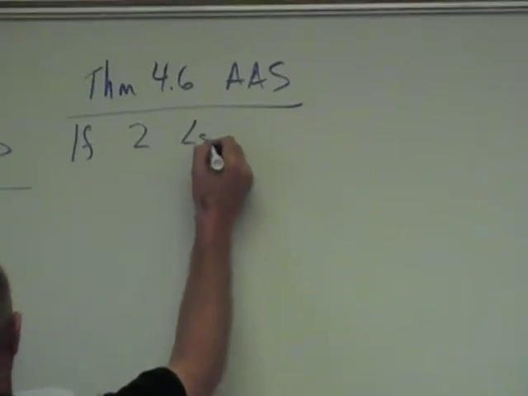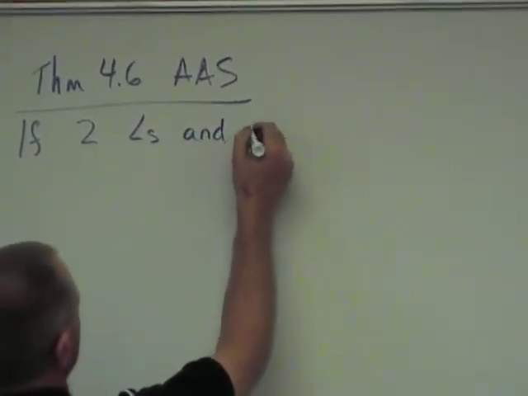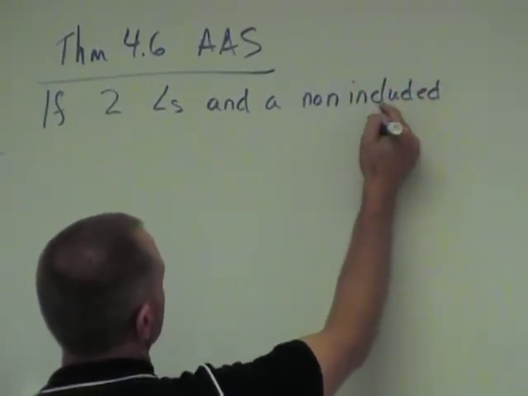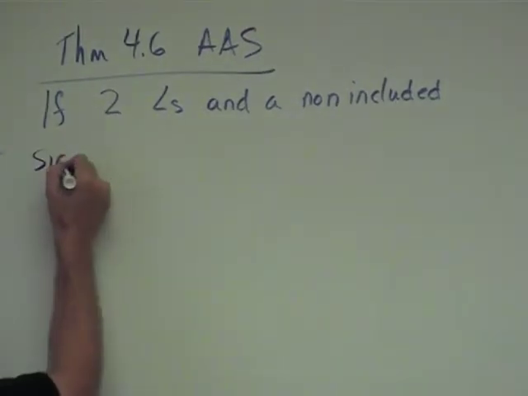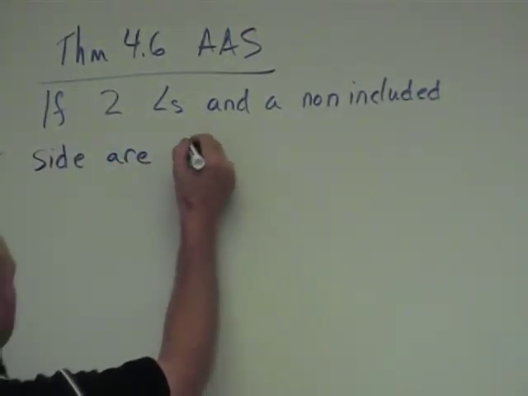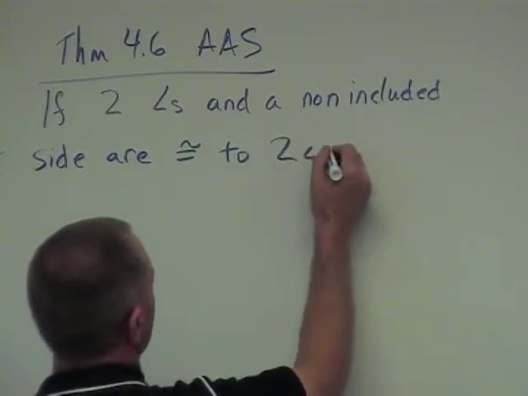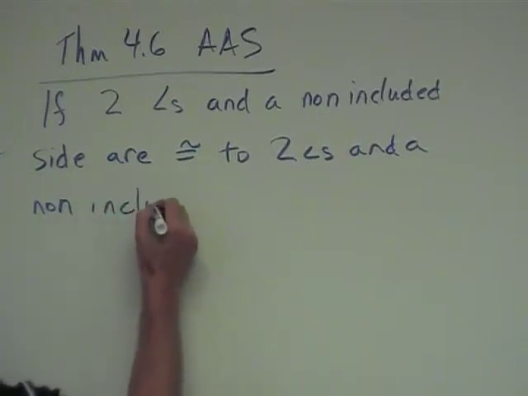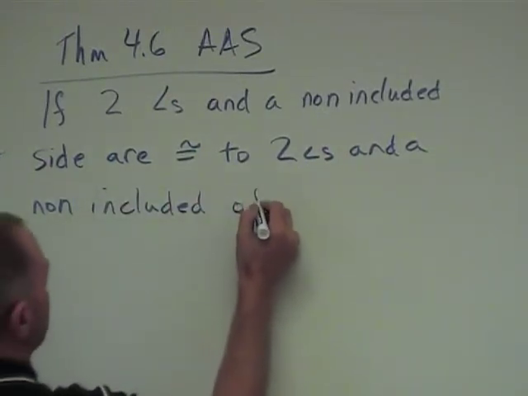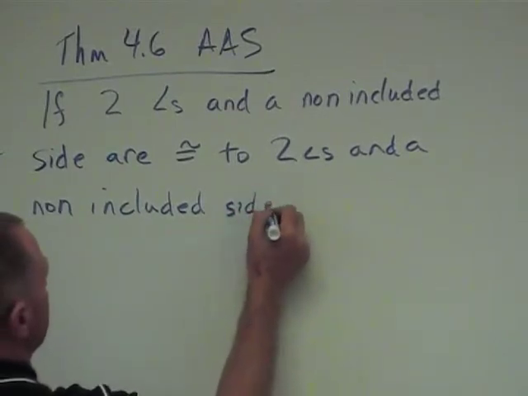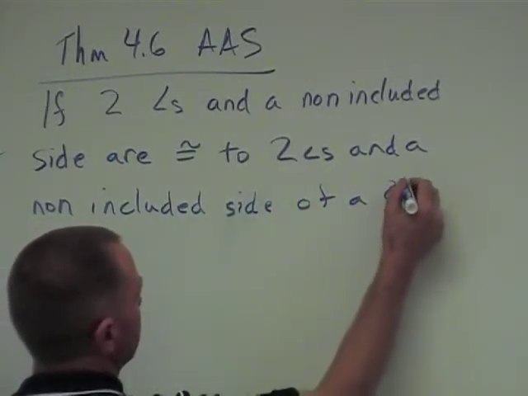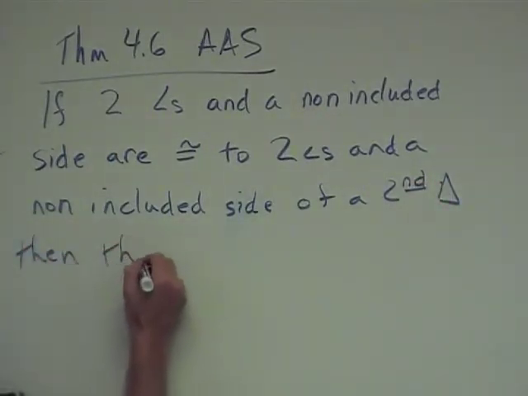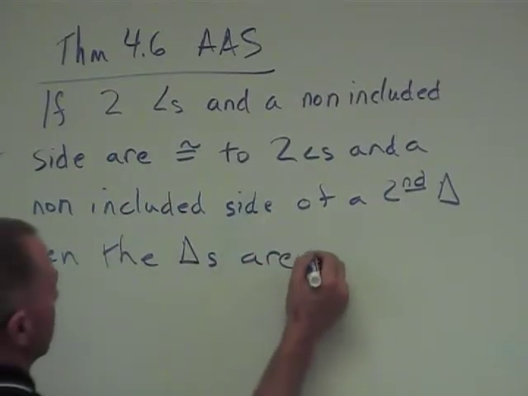If two angles and a non-included side are congruent to two angles and a non-included side of a second triangle, then the triangles are congruent.